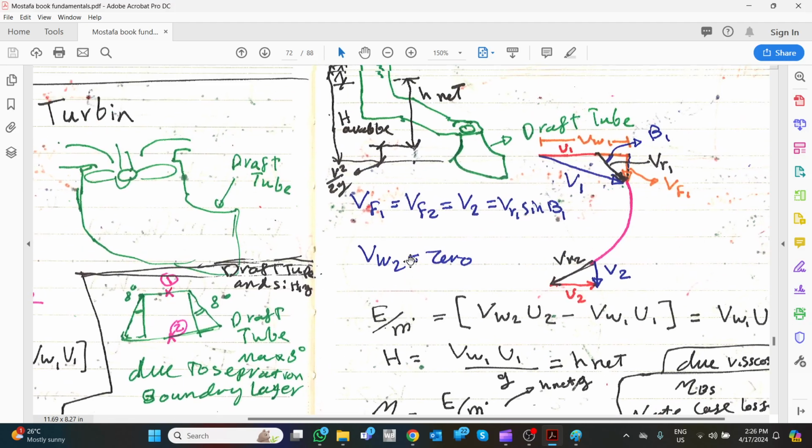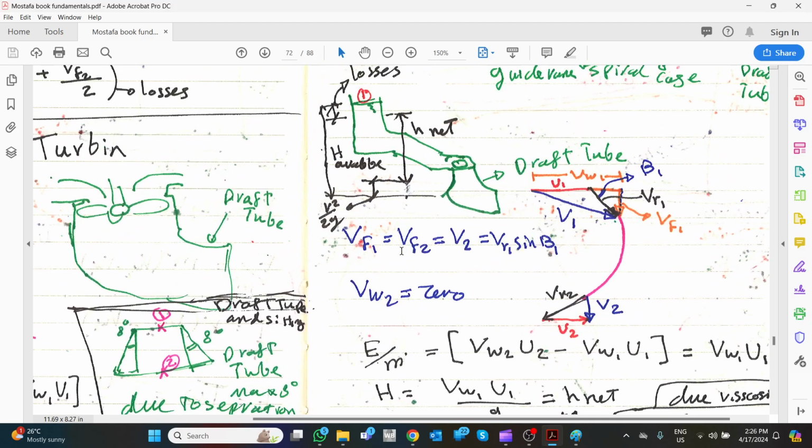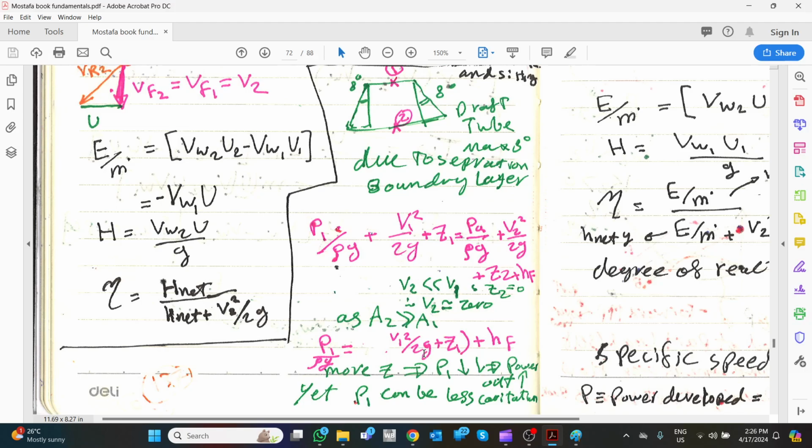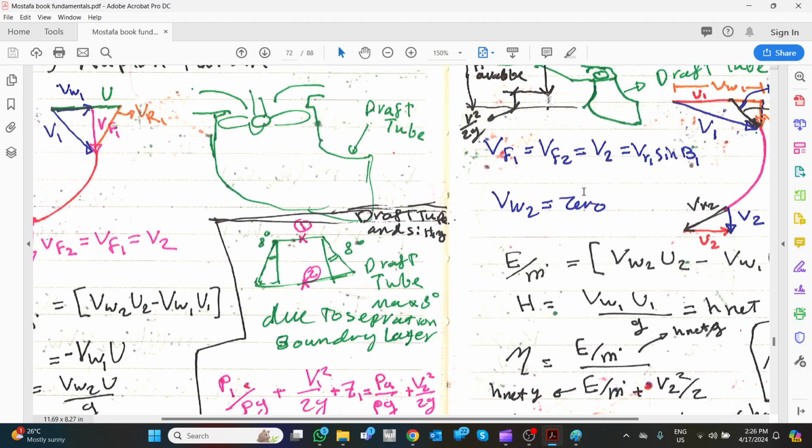We know that v2, going into the tank itself, is way less than v1, which is a very high speed.